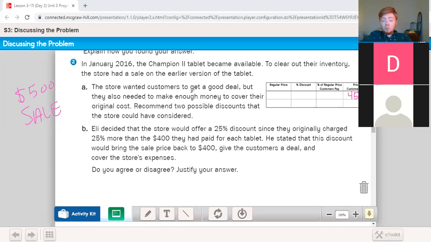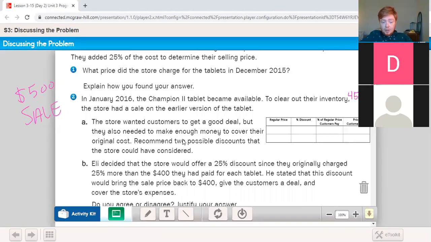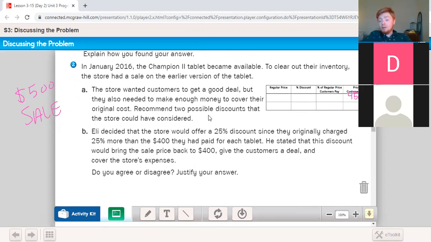And then if they wanted to cover the original cost, do you guys remember how much the tablet cost, the old one? You remember how much? I was talking about its price. Right. Yeah, no. Remember, it wants us to recommend 2 possible discounts. So you recommended one, so I'm just trying to recommend the other one.